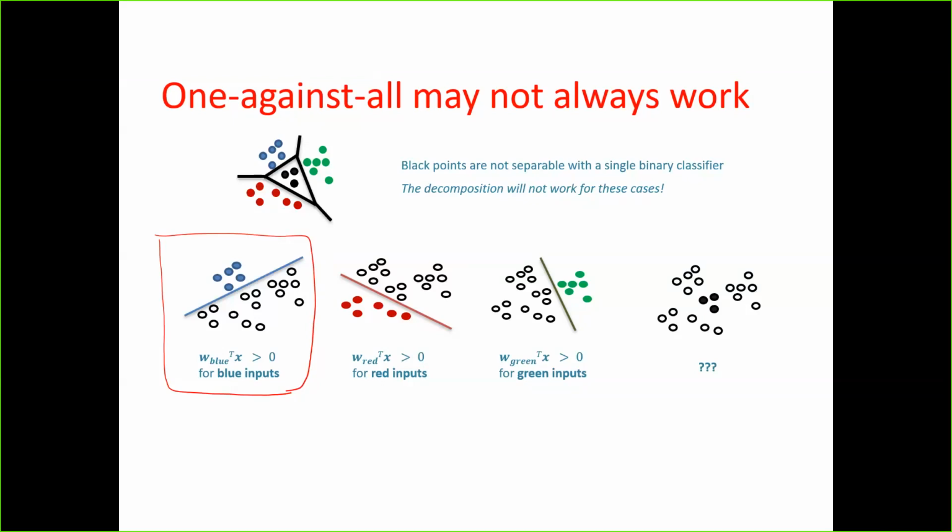So there are some calibration issues, right? We are comparing the scores produced by the K classifiers trained independently, and we cannot provide any theoretical justification to support that they are in the same numerical range.